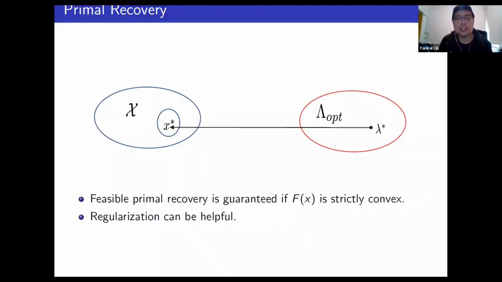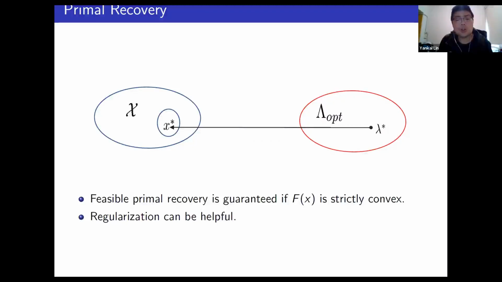And because it's only convex, it's not guaranteed that each local variable xi is going to satisfy the equality constraints. So that's going to be a problem if you want to really get the decision variable xi in the primal domain. One way to solve this problem is to regularize it.